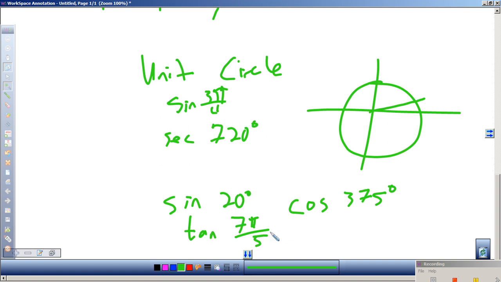But less than 3 pi halves, because that would be 7.5 pi over 5. Because 7.5 over 5 is 3 halves. So it's between those two, therefore it's in the third quadrant. Tangent is y over x. Both y and x are negative in the third quadrant, so it is positive. Does that make sense how that can be done? So even if you don't know what it equals, you can tell me whether it's positive, negative, 0, or undefined.